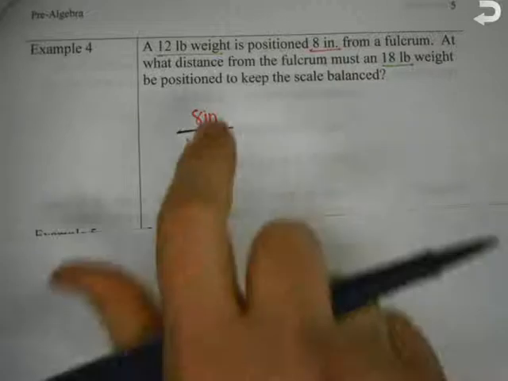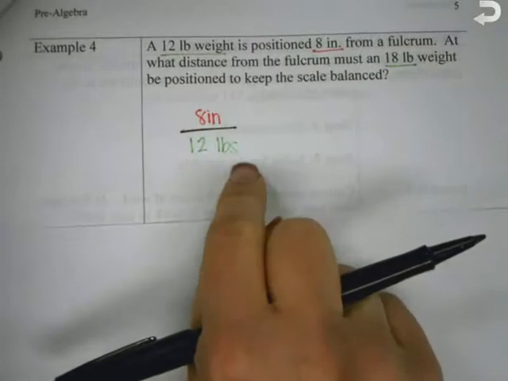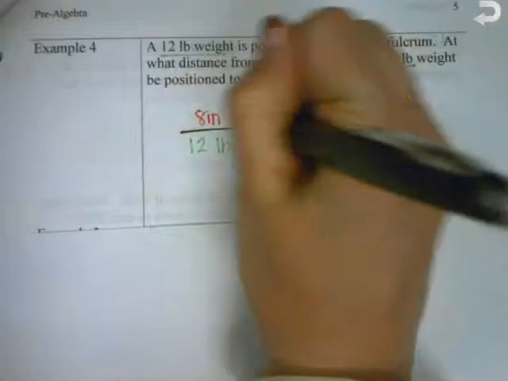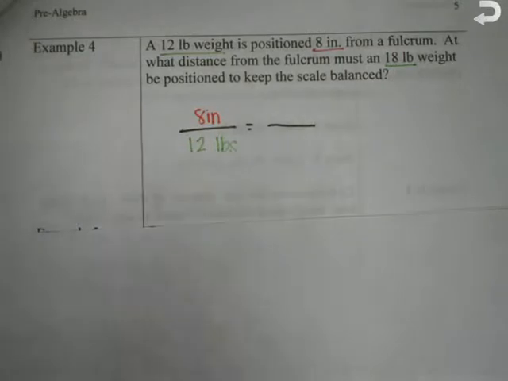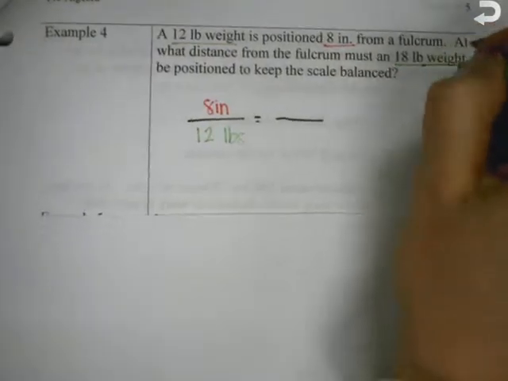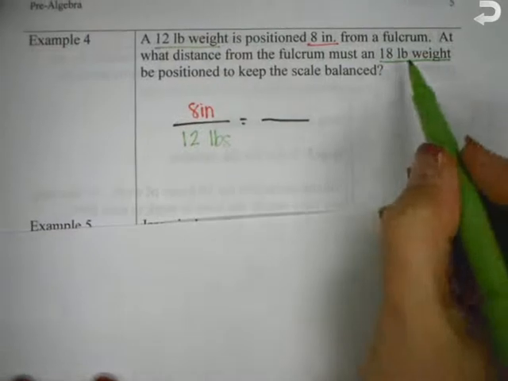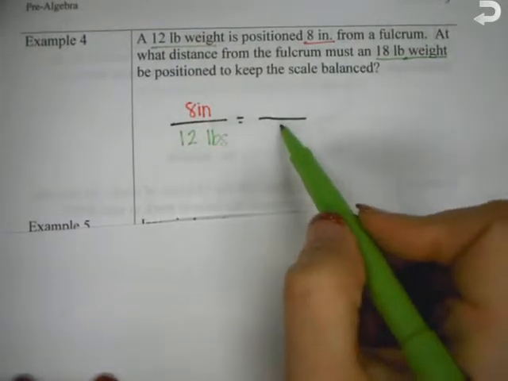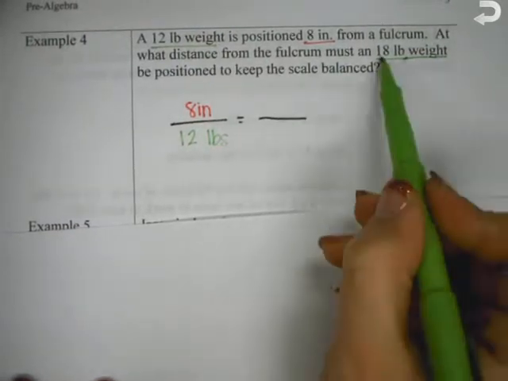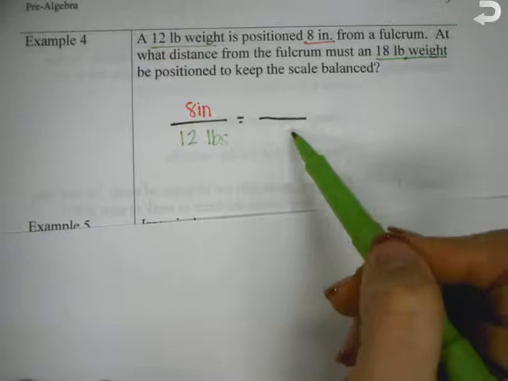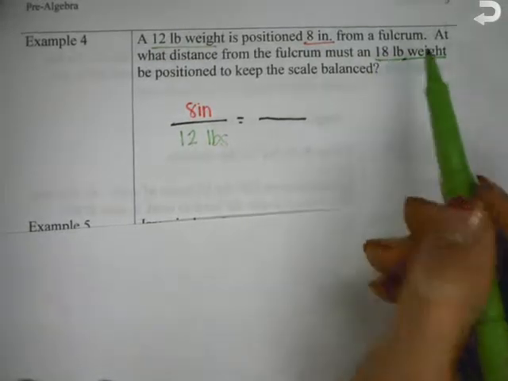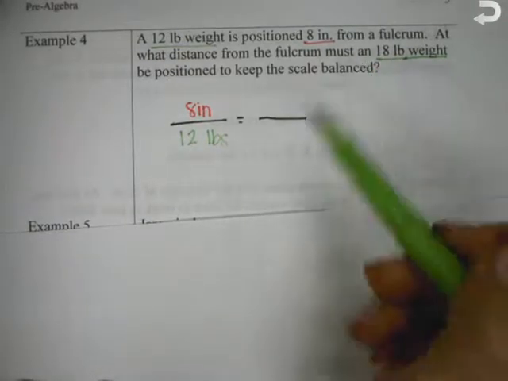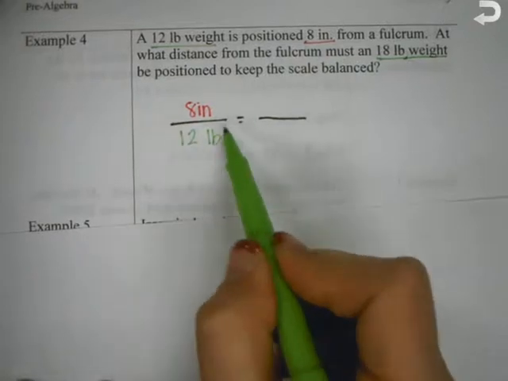Okay, what information do they give us? We know that we want to use an 18-pound weight. So in our second ratio, is that going to go in the numerator or the denominator? The weight. What is it on the other one? Top or bottom? The weight goes on the bottom.